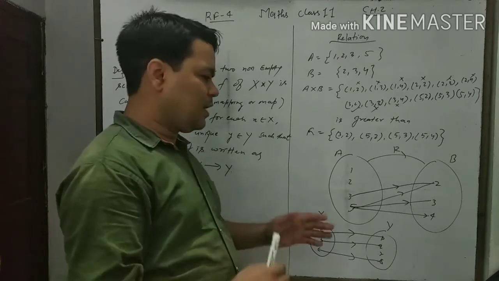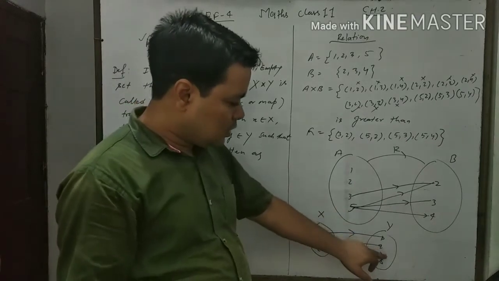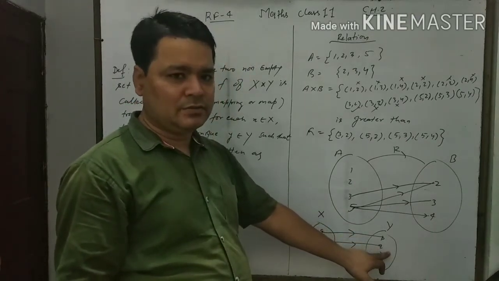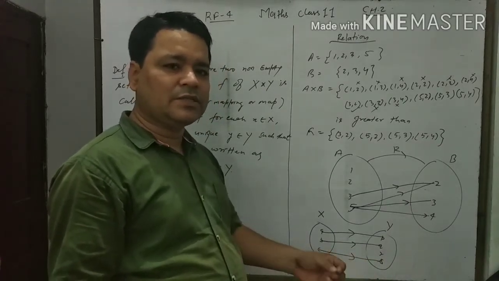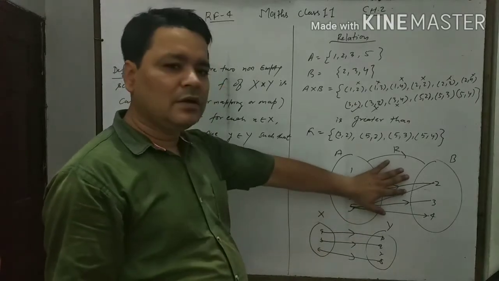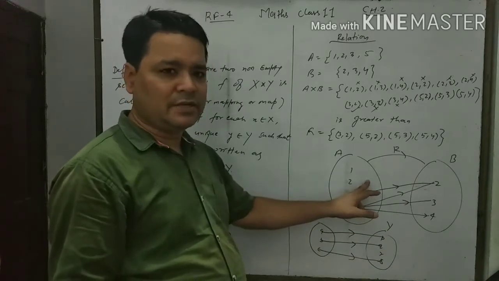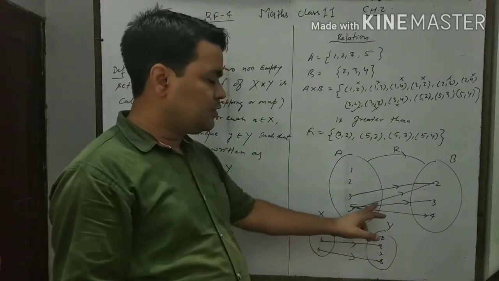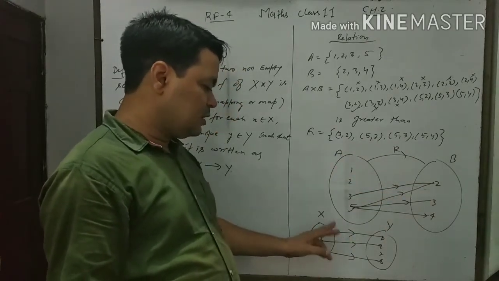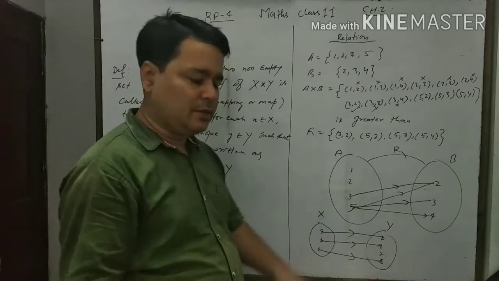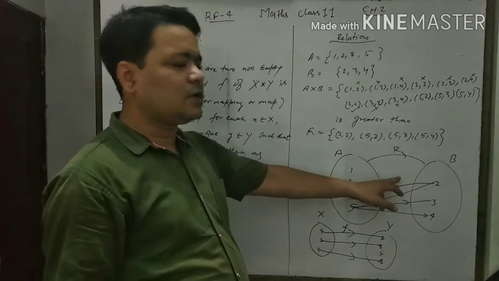It means for a function each element of X should belong to a unique element of Y. If this condition is not satisfied, then we cannot say that this is a function. This is not a function. Why? Because this type of relation does not exist here. Here there are some elements which do not have a unique element in B, but here each element has a unique element in Y. So here this is a function, but this is not a function.